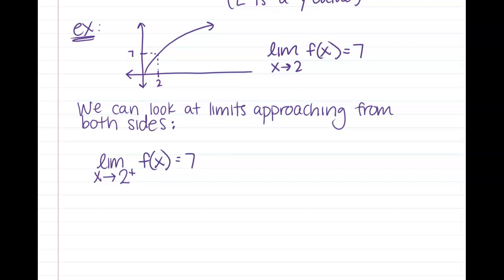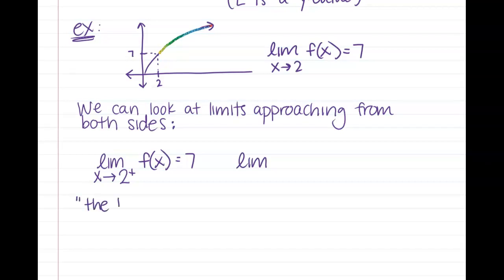So what this means is if we're going along this function and we're like, my x value is getting closer and closer to 2, oh, y is 7. Okay? We can also say, well, let's write this in words.